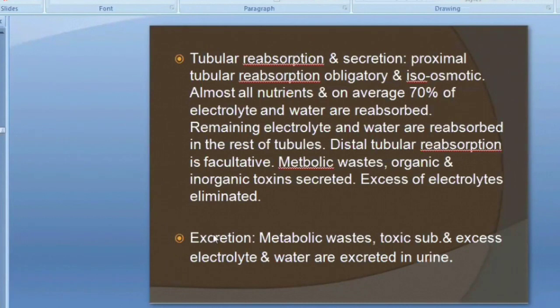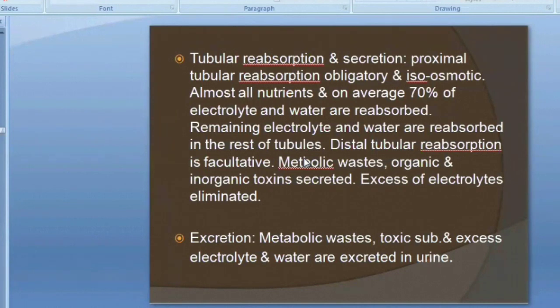There is a difference between secretion and excretion. If it is secretion, that means it is being secreted from the lining epithelium, and in the tubule it will act, it may have some effects, and ultimately it can be reabsorbed, or it can be eliminated. This ultimate process of elimination is called excretion.